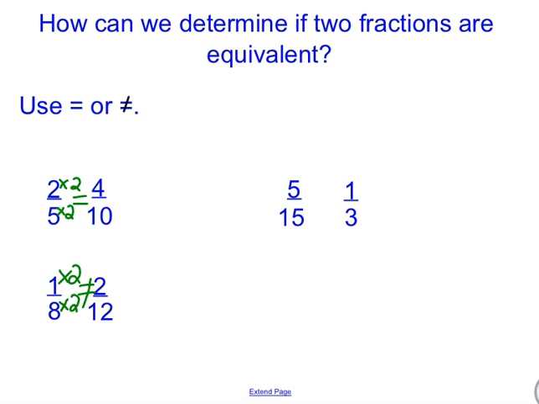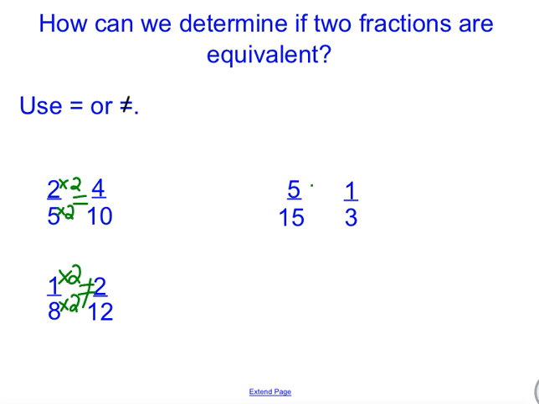Okay? But if this is too confusing for you, you can rewrite it, and I'm going to show you both ways, okay? Or if you can handle it and you know that the numerator and the denominator are getting lower, right? We're going from a 5 to a 1 and a 15 to a 3. You could say, all right, I'm going to use division. So 5 divided by what will give me 1?